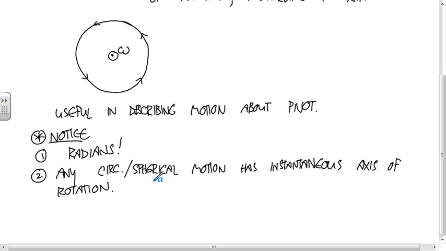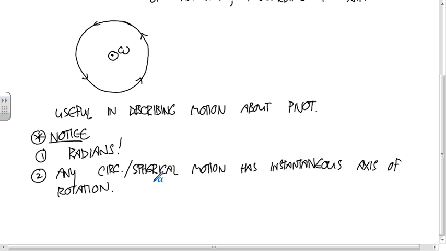The thing that changes between 2D and 3D motion, circular and spherical motion, is that in circular motion, the angular acceleration has to be in that plane as well. And so it has to have the same axis as the angular velocity. In spherical motion, on the other hand, the angular velocity and angular acceleration don't have to be parallel.